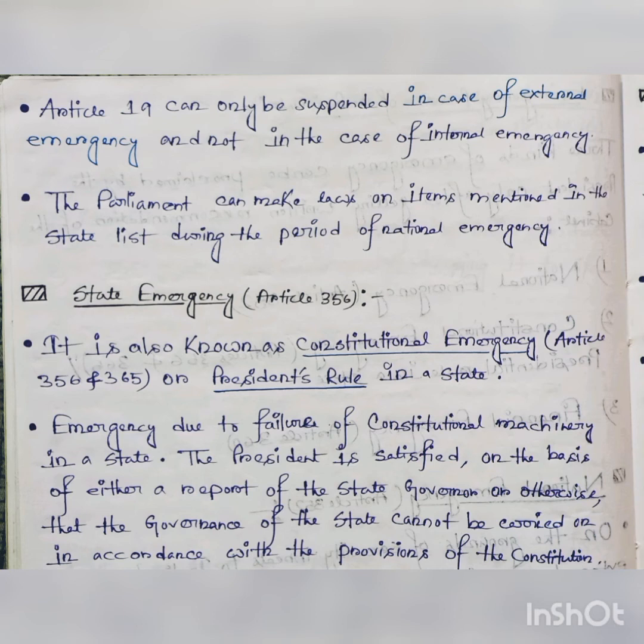The President is satisfied, on the basis of a report of the state governor or otherwise, that the governance of the state cannot be carried on in accordance with the provisions of the Constitution.